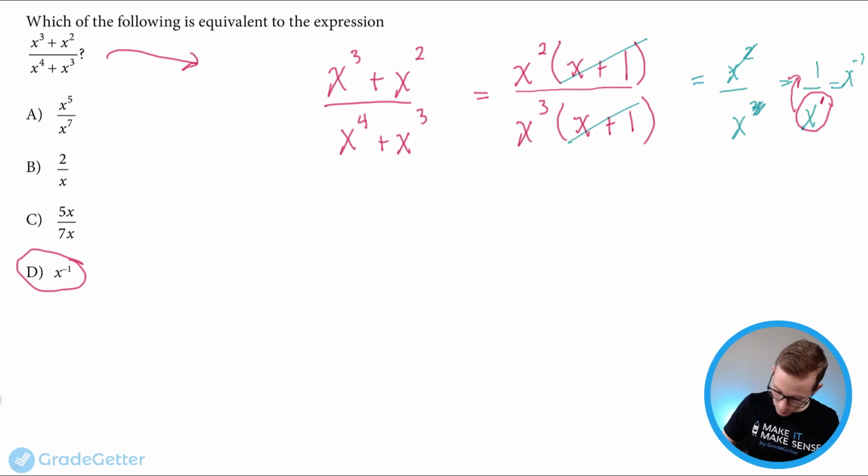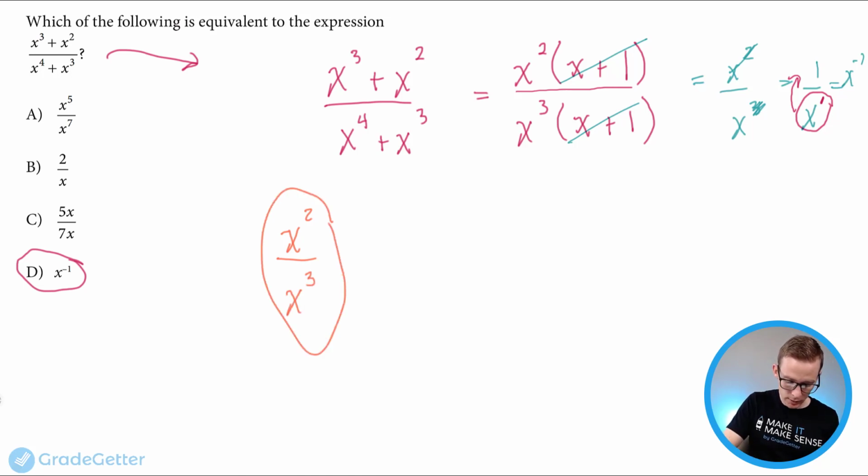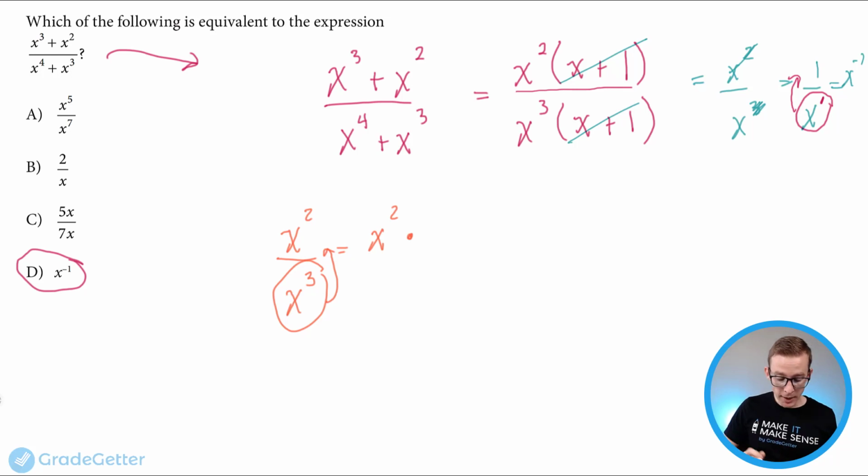Now, let's practice simplifying this another way. If I wanted to combine these, again, I could move this x cubed up top by making its exponent negative. So instead of dividing by x cubed, it would be multiplying by x to the minus 3.